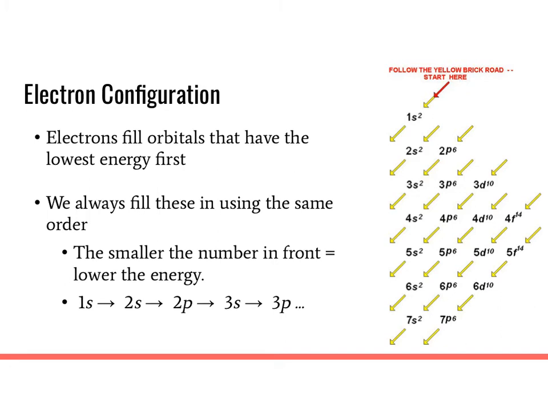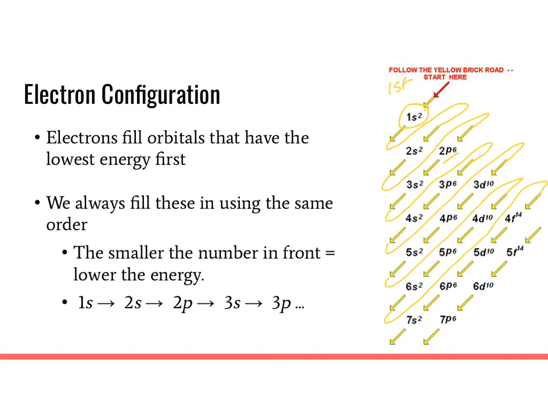And when I do this, you go and you fill the 1s first, and then you start looping back, okay? So next up we fill the 2s. Then we loop back and we fill the 2p, then the 3s, then the 3p, 4s, 3d, 4p, 5s, and we just keep coming back, and that's how we're going to go through.